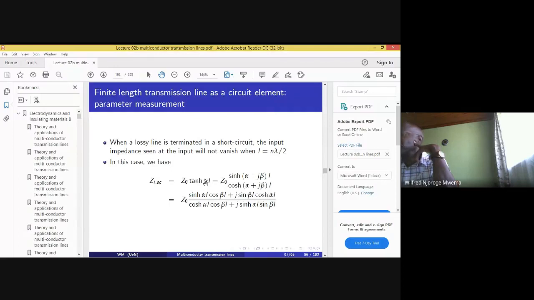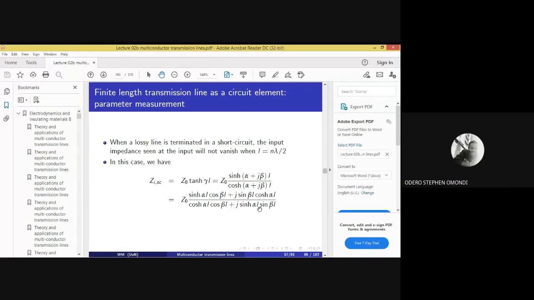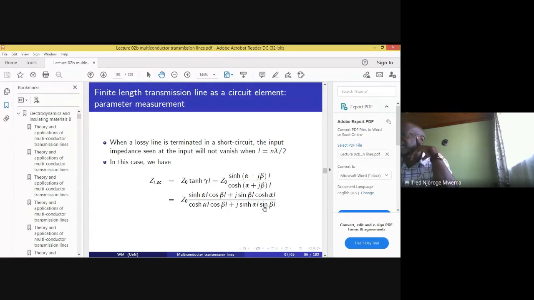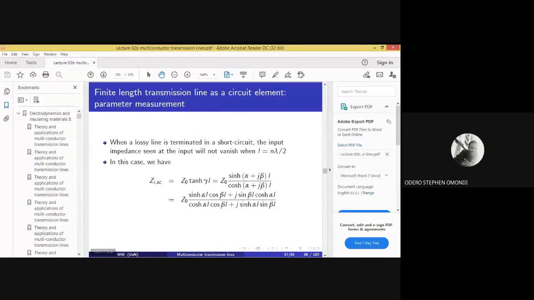But if you want it in terms of the tangent, we can take out the hyperbolic cosine alpha L cos beta L, then divide it through. Then you'll see it will be tan alpha L plus J tan beta L over 1 plus J hyperbolic tan alpha L multiplied by tan beta L, isn't it? Yes. It's just the same thing. Thanks. Okay, thank you.